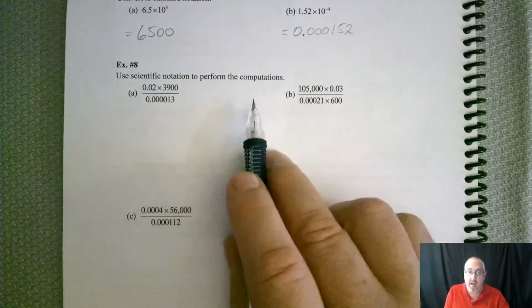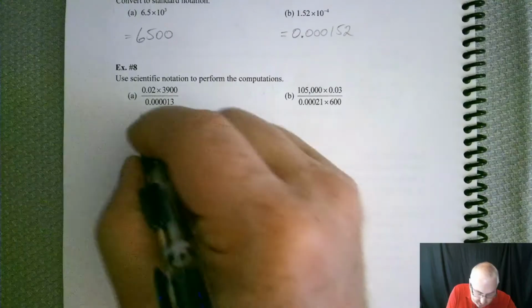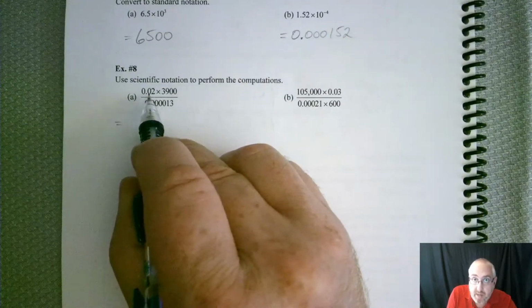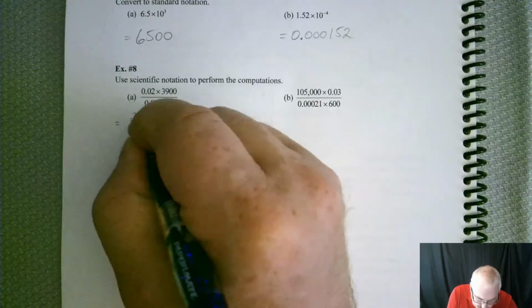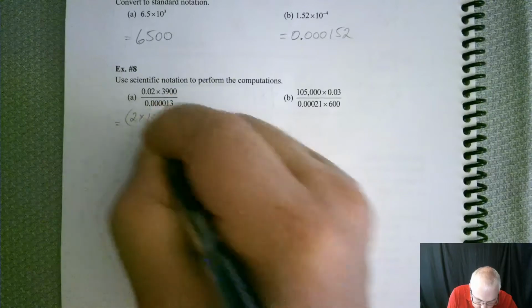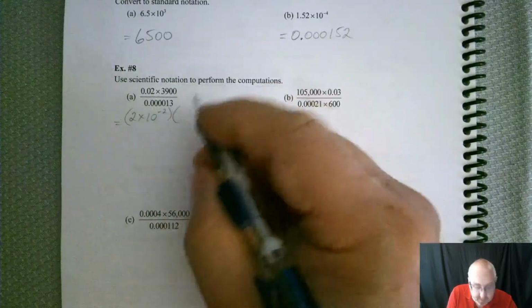So this is the way you could do it, and it doesn't matter how limited your calculator is. So if you use scientific notation to do it, first step is to just get these into scientific notation. So small number, negative exponent. So 2 times 10 to the -2. Bigger than 1, positive exponent.